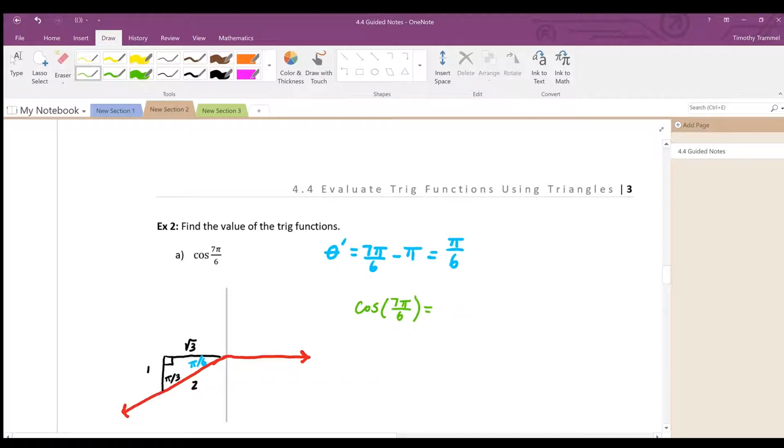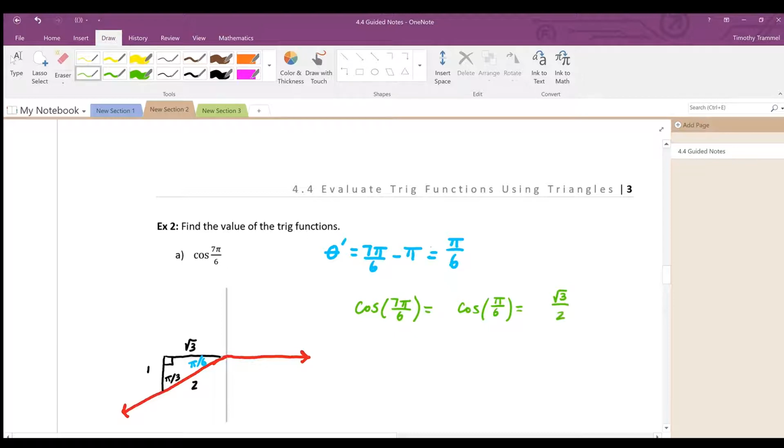We're going to try and just find cosine of pi over 6 using that triangle down there. And notice I did leave a little gap here. We're going to potentially have to include the sign here. So I'm going to leave that gap there. And now if we look at this triangle, CAH, adjacent over hypotenuse, that is the square root of 3 over 2.